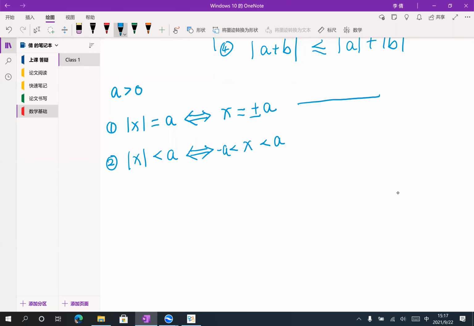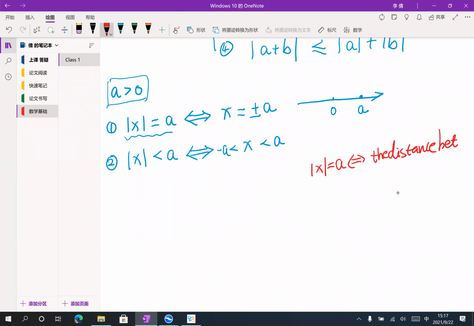We first see the first property. If this is a real line and this is 0, and A is a positive number, so this A must be on the right of 0, and we mark this point as A. If the absolute value of X is equal to A, this means the distance between X and 0 is equal to A, right?